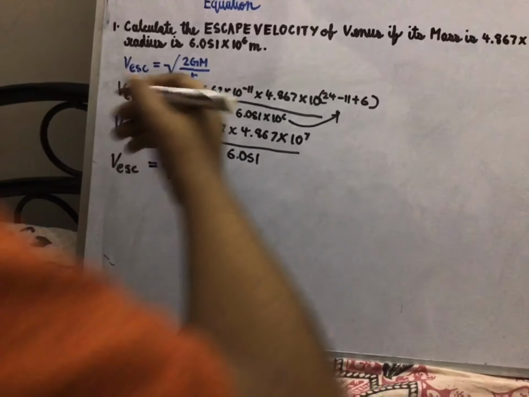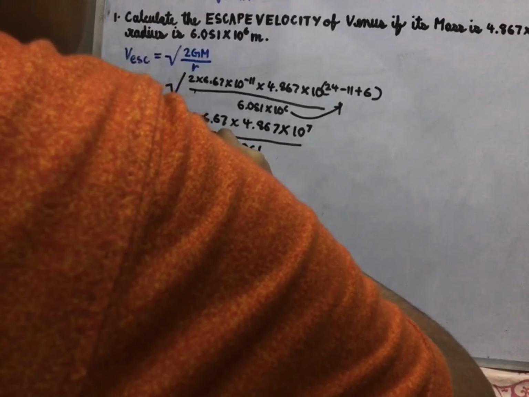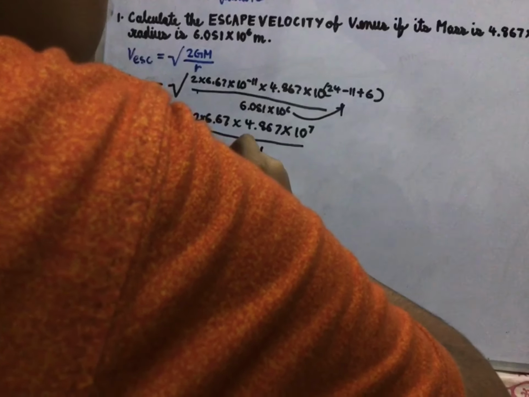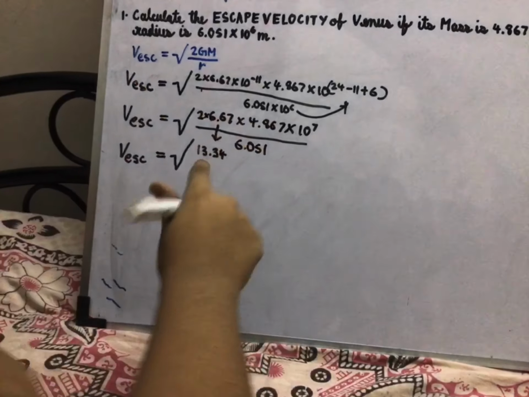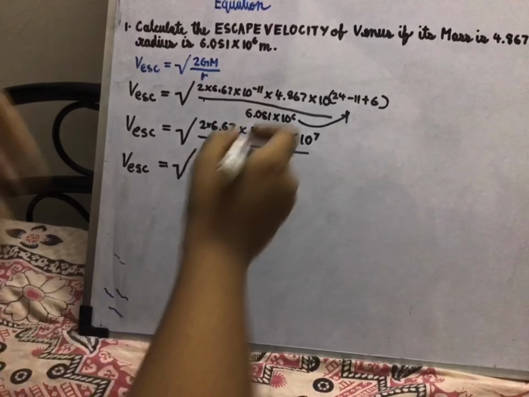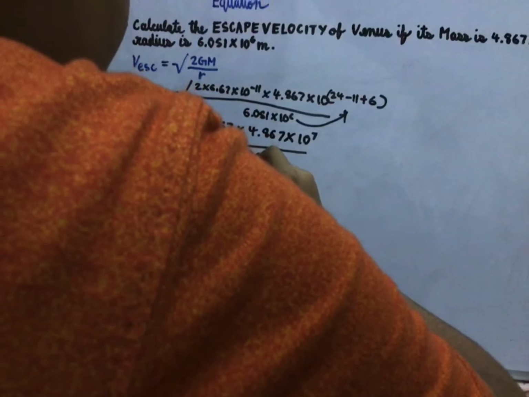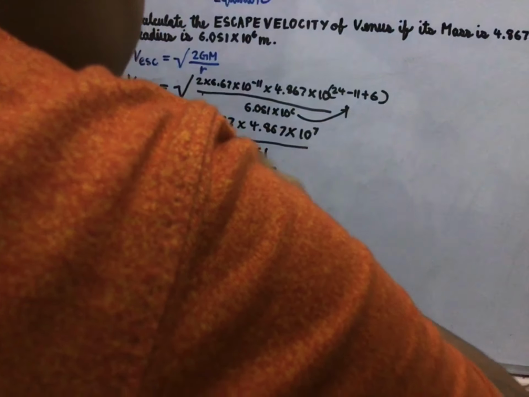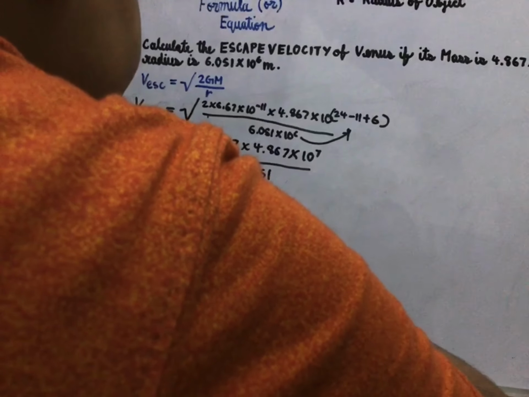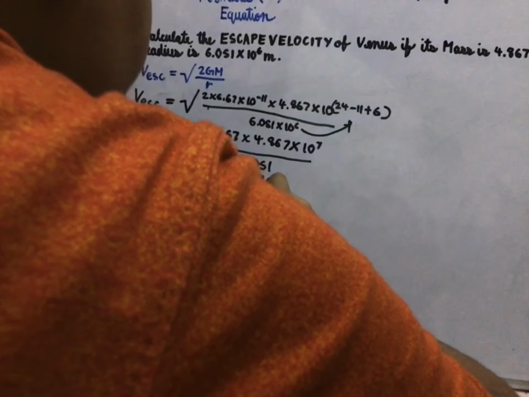So I feel it's better that first let's perform 2 into 6.67, which is 13.34, multiplied by 4.867, whole divided by 6.051.